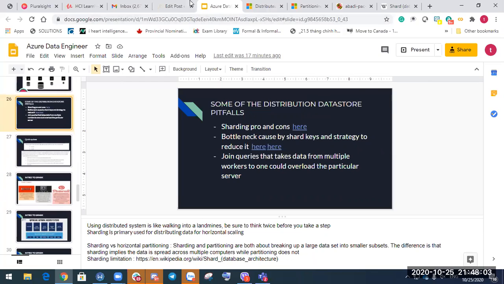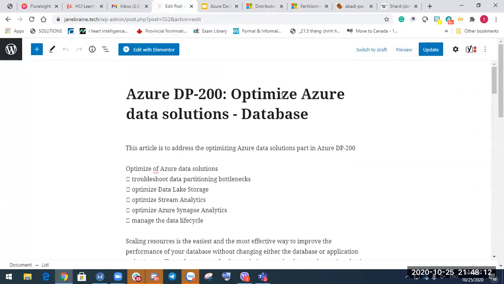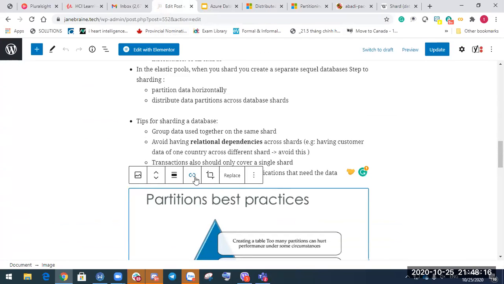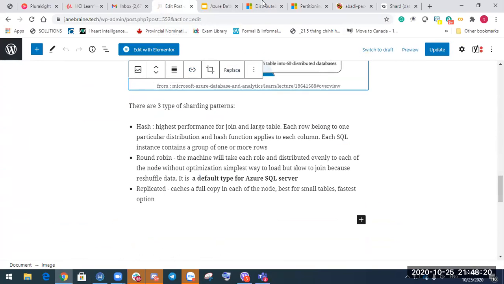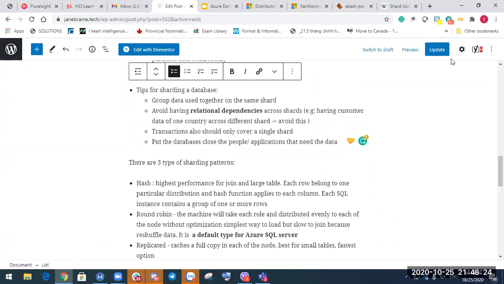So Brian, since you weren't in the last session, please go over to my sharding article to read more on this. I don't know why I'm missing the partition one here, but I'll fix it later. So let me delete this for now so that you guys don't get confused.